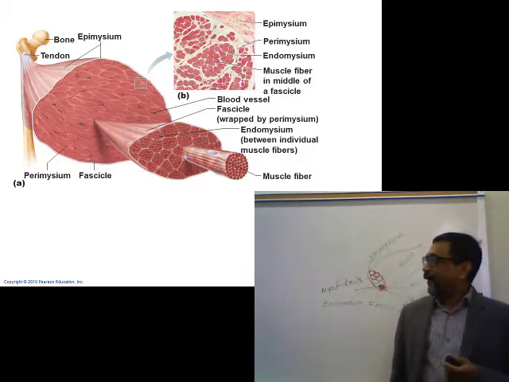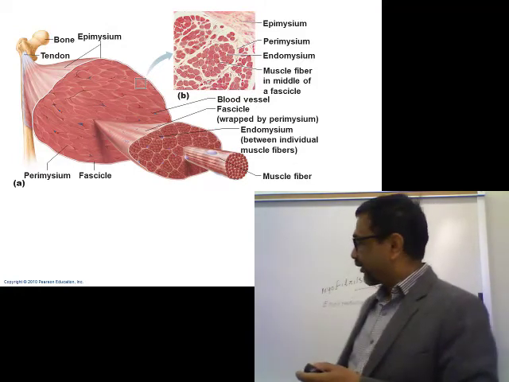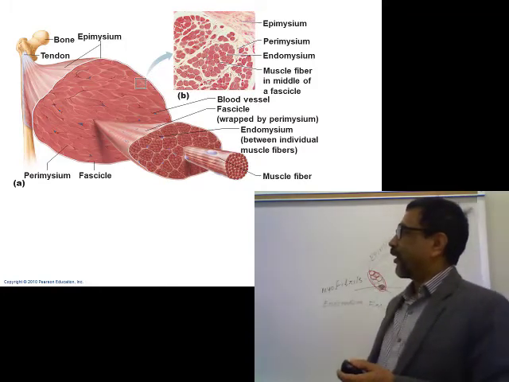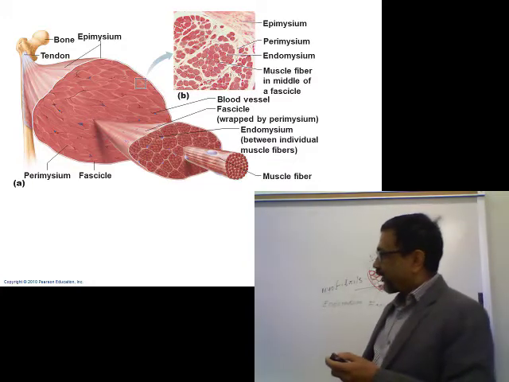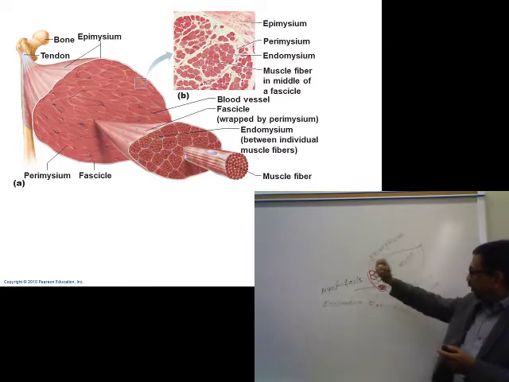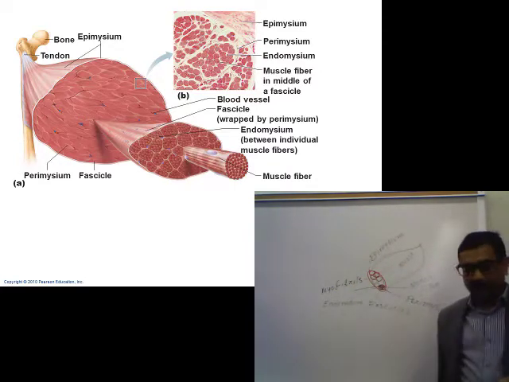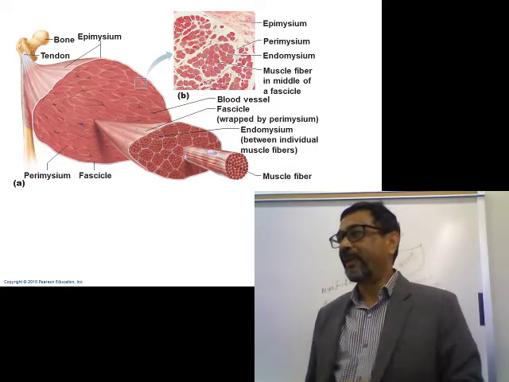Now, here you see they have shown nicely the picture. Inside the muscle fiber you have myofibrils, right? Those are rod-like structures, myofibrils. Okay, so we will see the structure of a myofibril.